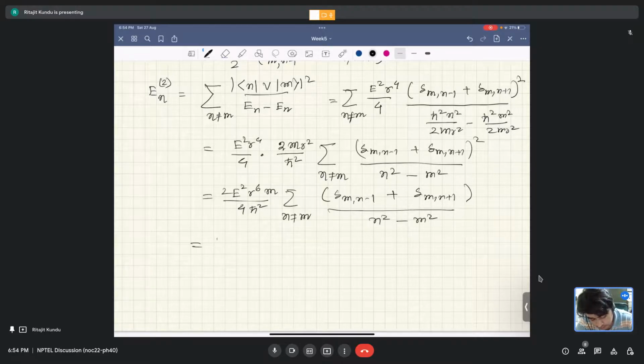So you can do these summations over n and m. Let's say we sum over m. Now it becomes 1 by n square minus n minus 1 whole square, plus 1 by n square minus n plus 1 whole square.